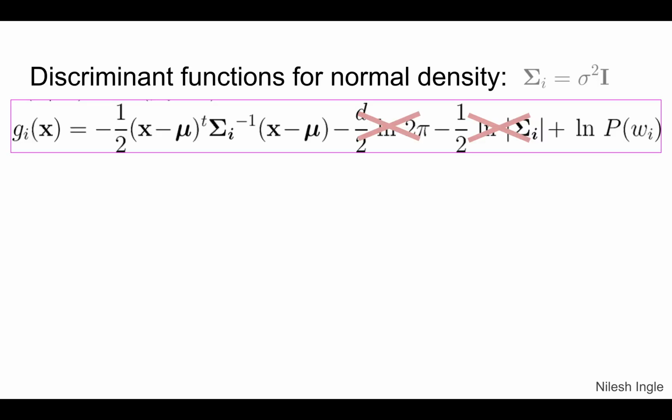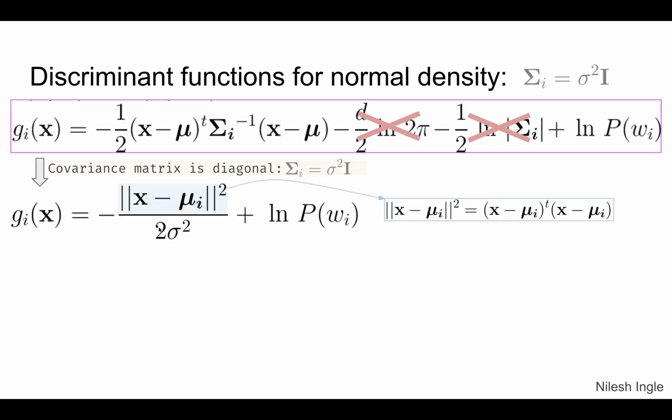Now, in the very first case, because we are considering a diagonal covariance matrix, these two terms can be ignored. And based on the remaining terms, we can write this relation for gi of x, which is equal to the negative norm of x minus mu i squared divided by 2 sigma squared plus this term right here. So what we have in this particular part is shown right here on the right hand side, because this was a diagonal matrix.